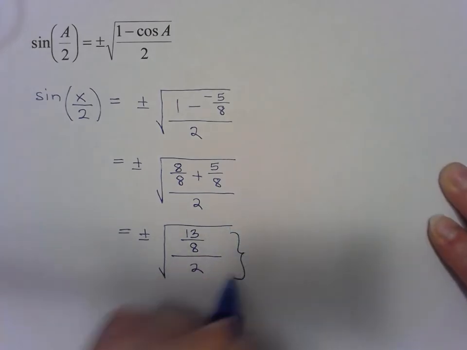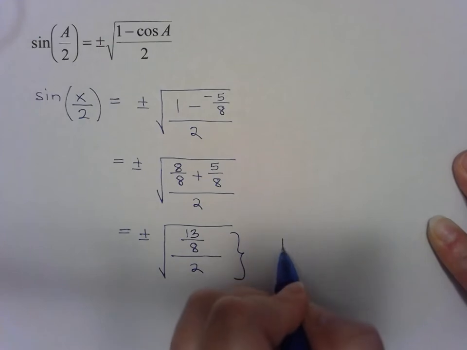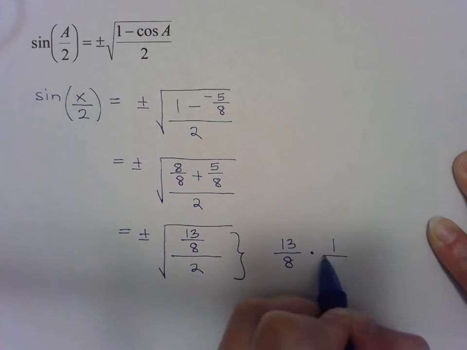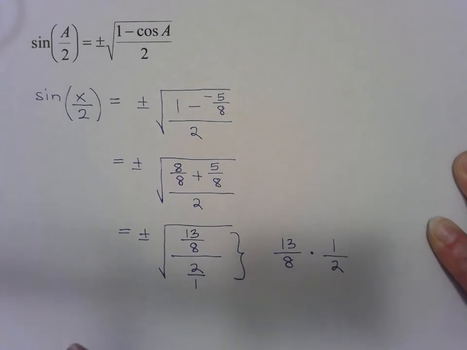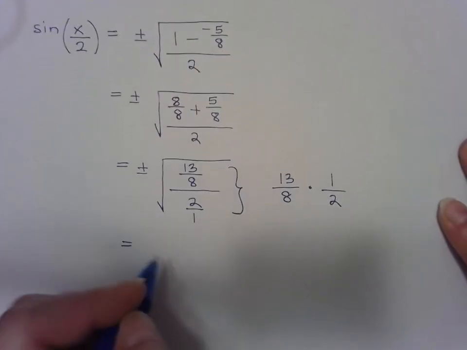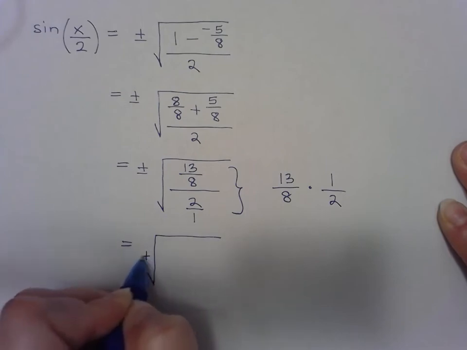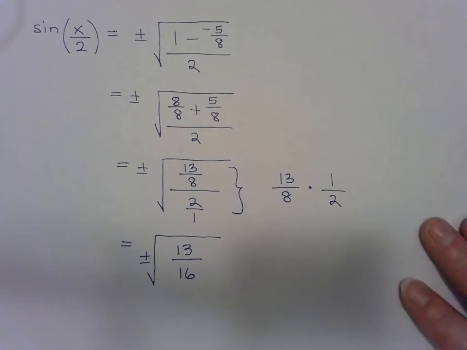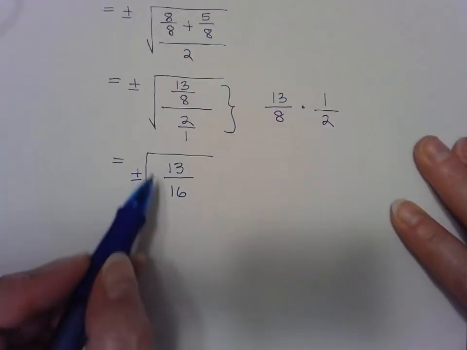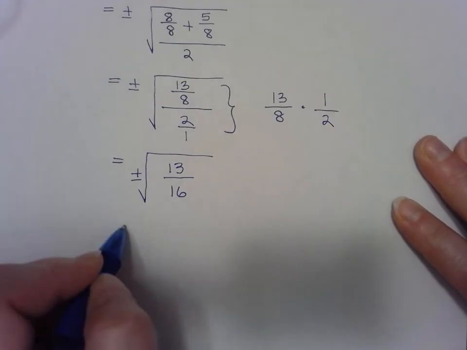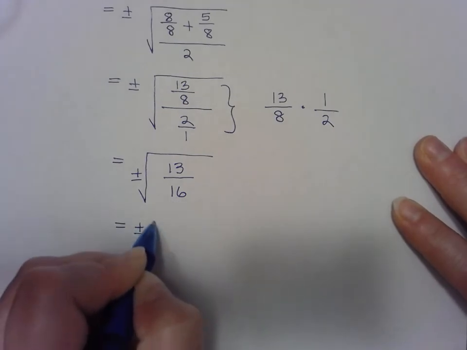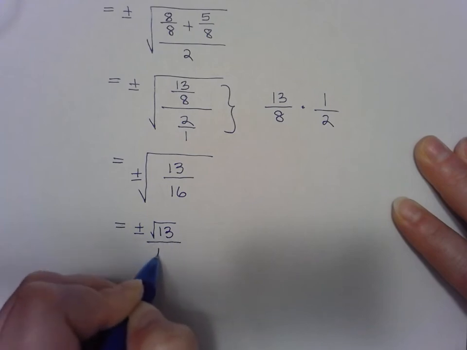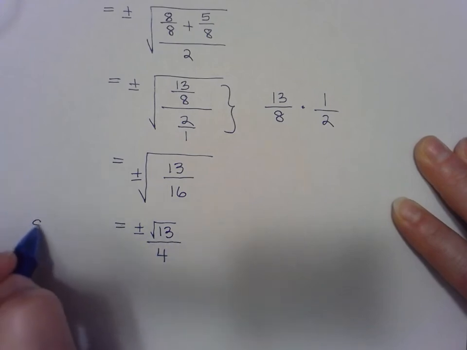Okay, we could do that same keep, change, flip thing here if we need to, off to the side. Dividing by 2 is the same as multiplying by a half, right? So this is going to be plus or minus the square root of 13 over 16. Now I can break the square root back up into its two parts since I'm able to take the square root of 16. This will be plus or minus the square root of 13 over 4.